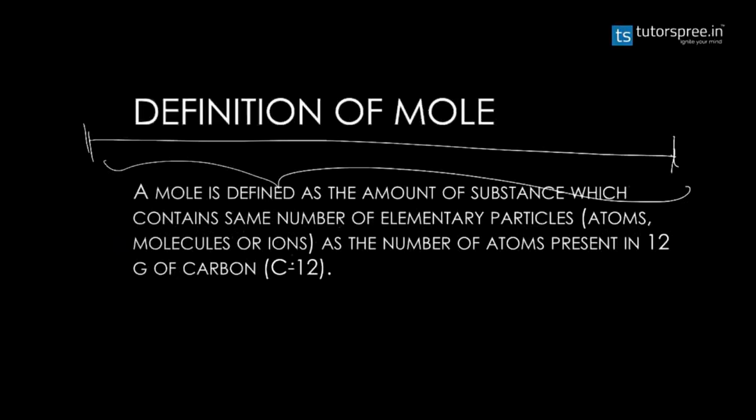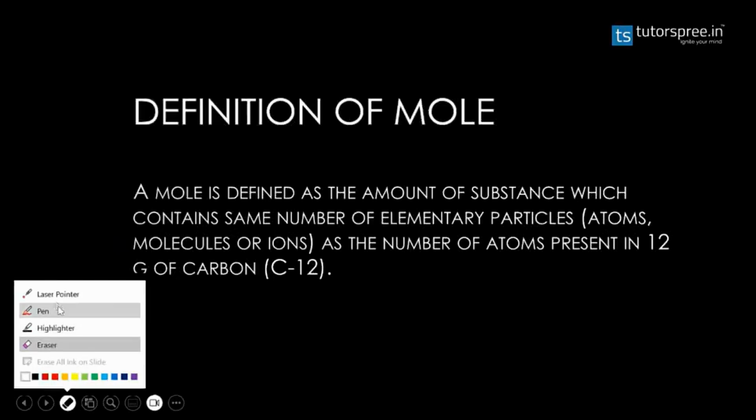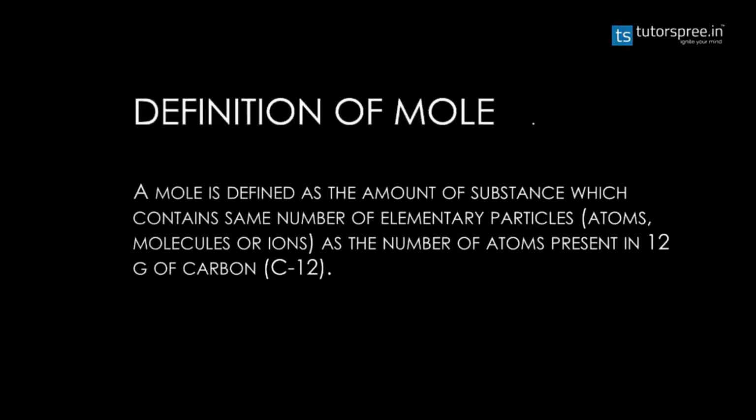We take one standard using which we calculate the other measurements. The same way, the standard which we are taking here for mole is the carbon 12 isotope. And for the carbon 12 isotope, we take 1/12 of the weight of the carbon 12 isotope, which is a mole.